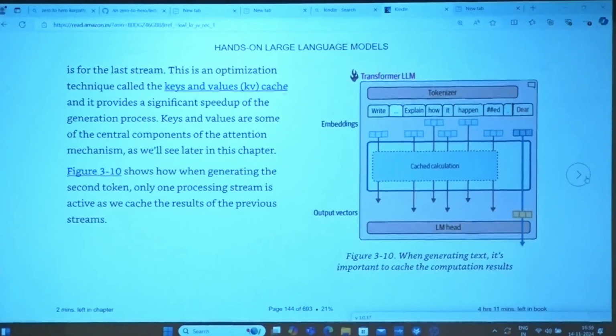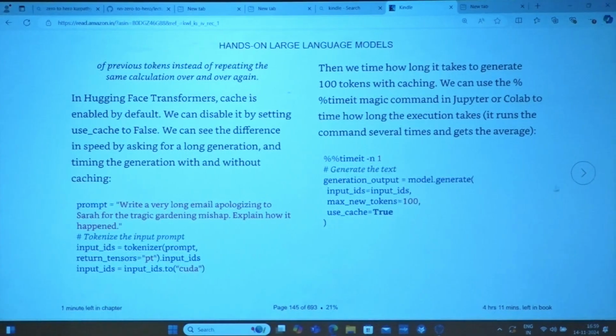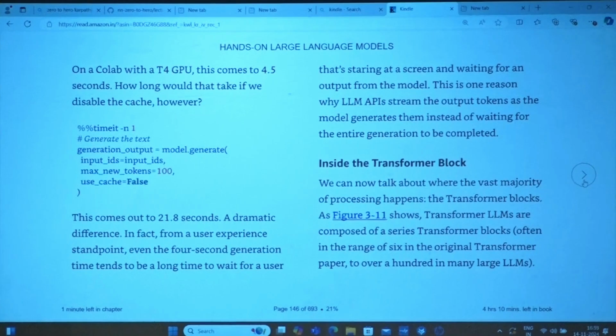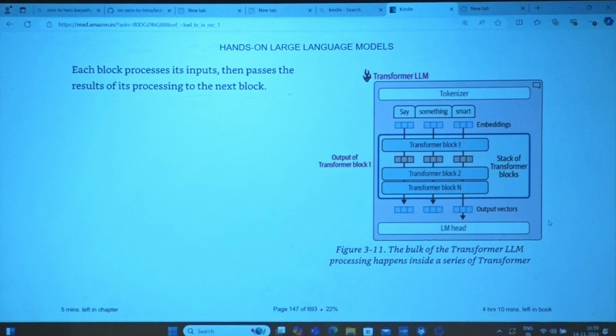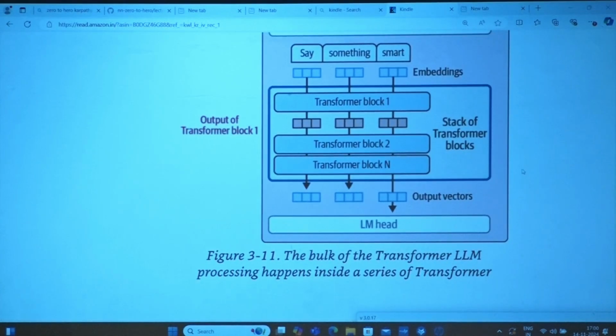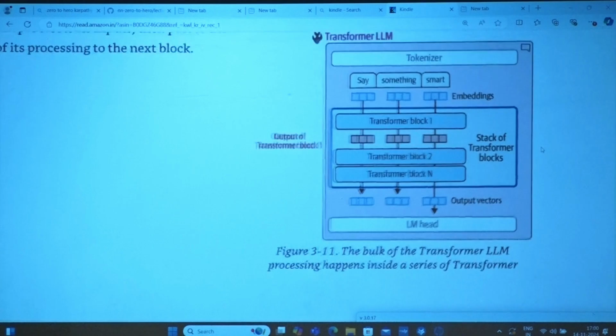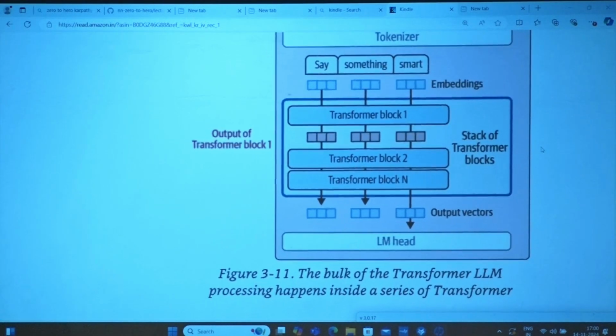We have still not entered the transformer. I think we can skip this. This is the same thing which is being talked about. Now we will start blowing up what happens inside the transformer and how it goes about doing it. Let's now enter the inside of a transformer block.